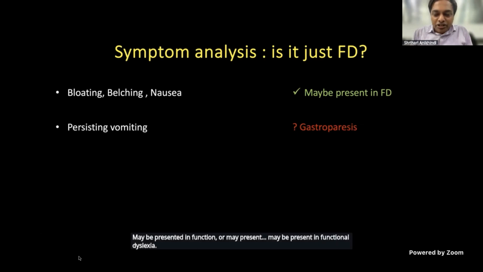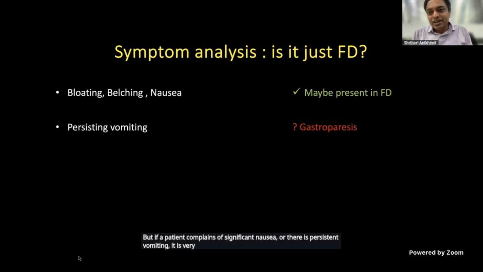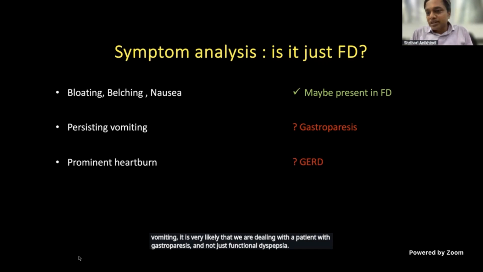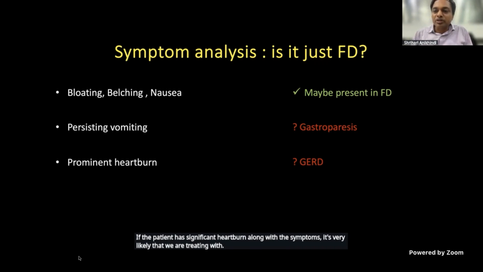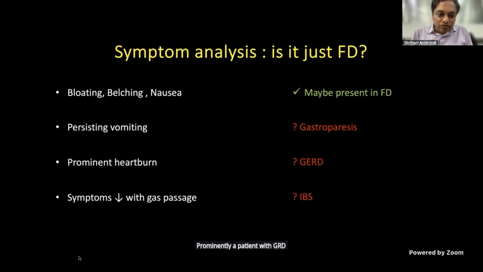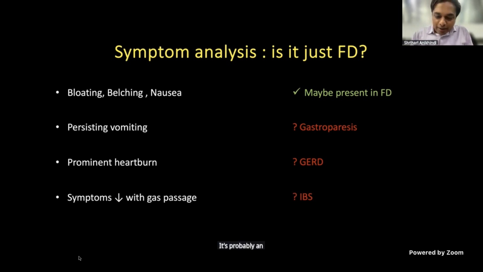But if a patient complains of significant nausea or there is persistent vomiting, it is very likely that we are dealing with a patient with gastroparesis and not just functional dyspepsia. If the patient has significant heartburn along with the symptoms, it's very likely that we are treating a patient with GERD along with functional dyspepsia. If the patient complains that his symptoms go on reducing with passage of gas, it's probably an IBS overlap.